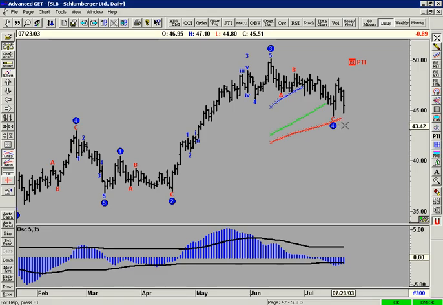Right. Well, because we have not marked a Wave 5 here, we are still in Wave 4. This is still classified as being in a state of Wave 4. So Wave 5 has not been marked yet. That's a very good question.